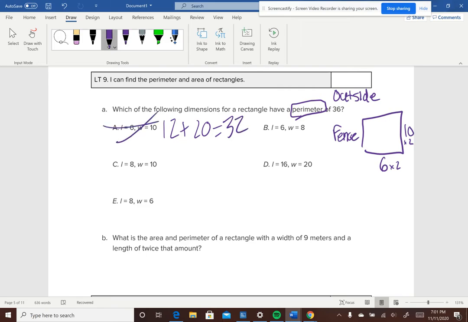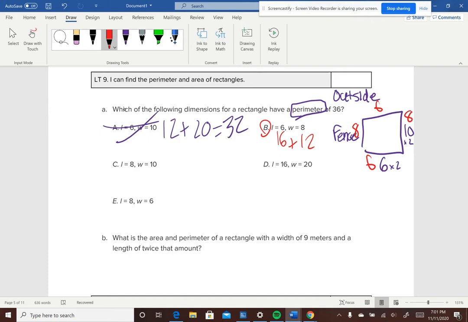And this next time around, we are going to do part B, which is 6 and 8. So 6 and 8. Well, we do 16 plus 12. That's not going to give us 36. Which one of these is going to give us 36?